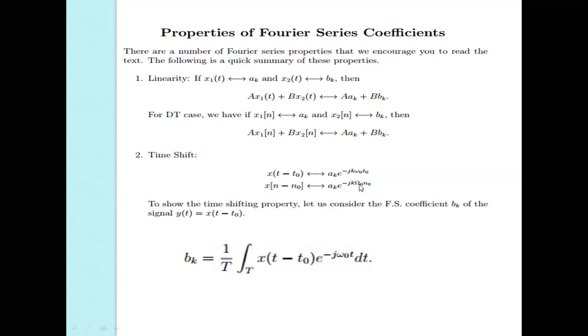You see here, the difference between the angular frequencies in continuous time and discrete time functions is only in the symbol. Both are angular frequencies, both are 2 pi f only, but the representation is different here. Omega naught is the angular frequency, and here also omega naught only, and instead of t naught it is n naught. Time shift property.